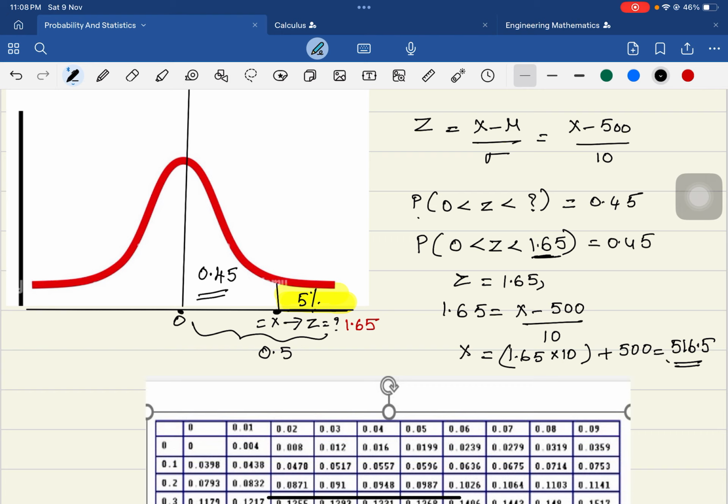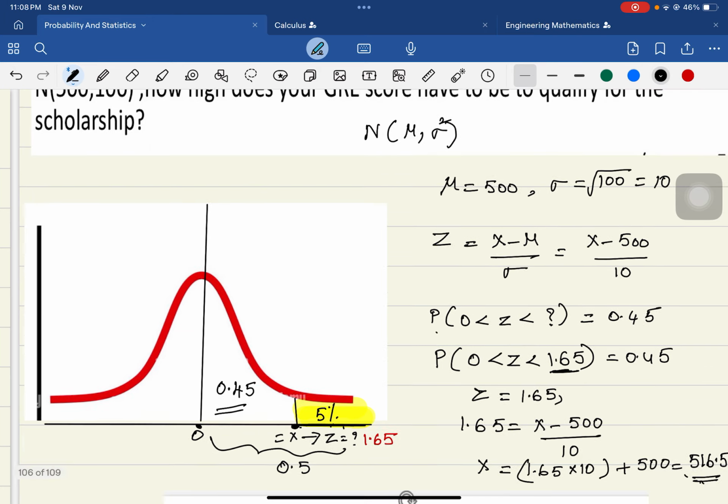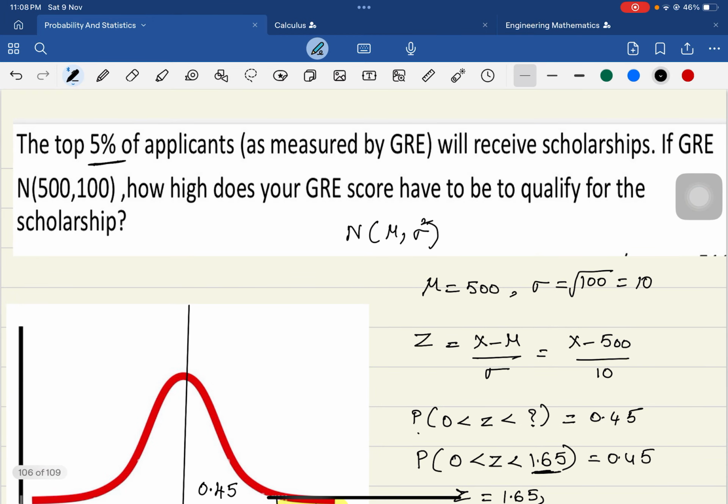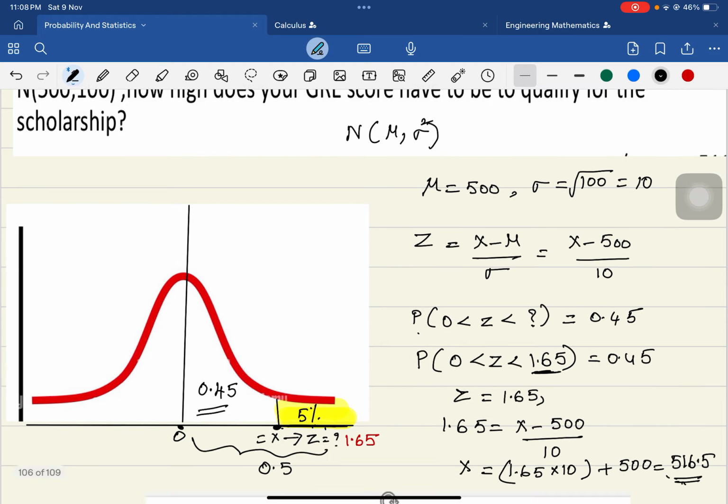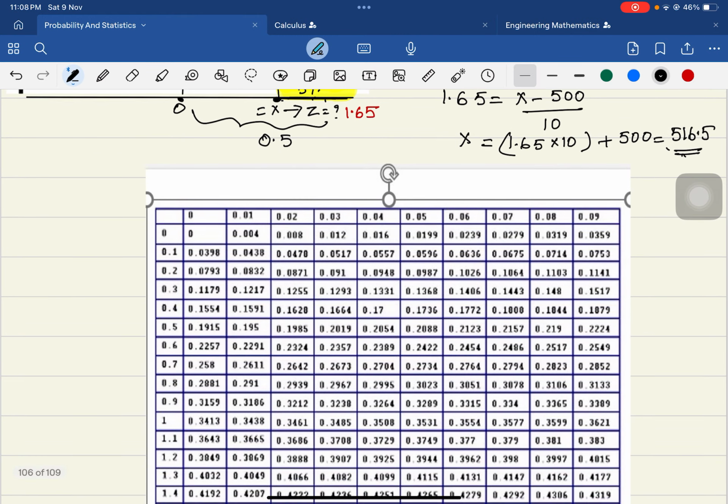So when you say that 516.5 is the score, suppose, then you will be in the top 5% category. So this is what we have to understand. I hope it is clear now. So this is how you can do the problem in the reverse way.